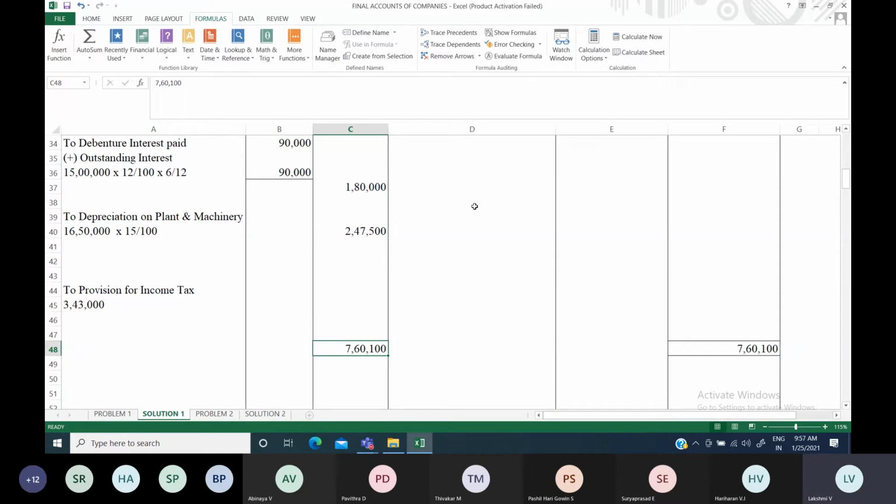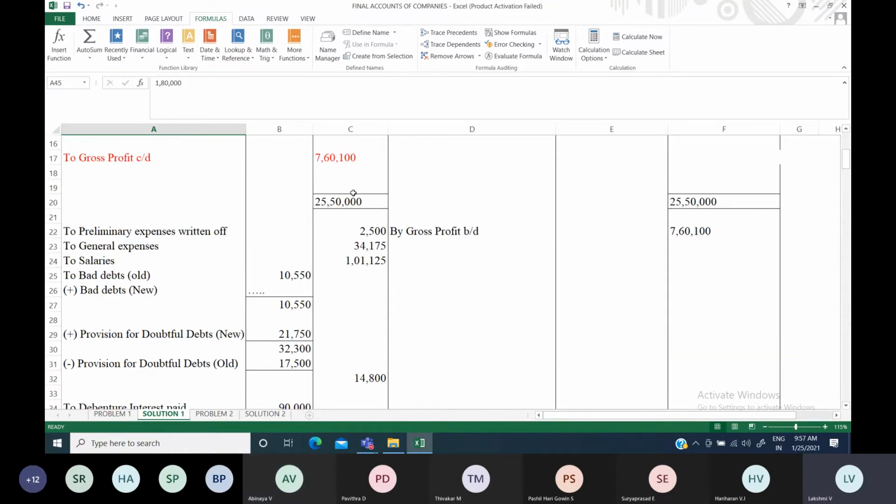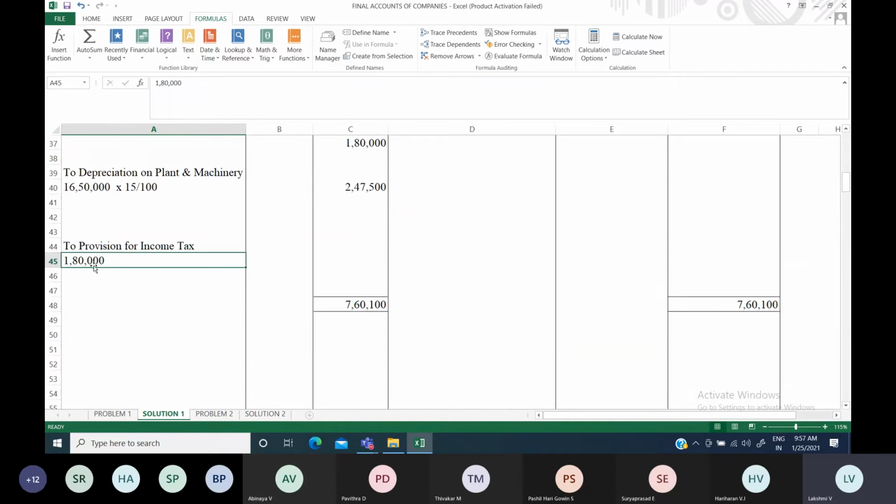So I am getting 1,80,000 amount. The correct answer is 7,60,100, so from that, if you subtract all these items, you'll be getting 1,80,000. You just verify whether you are getting the same amount.